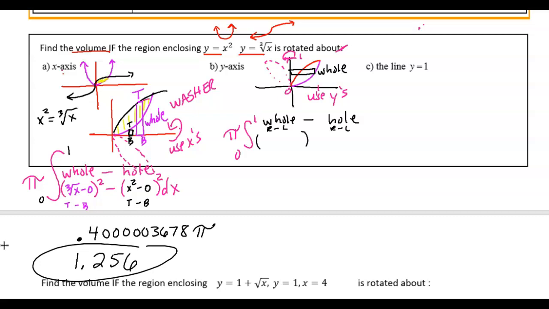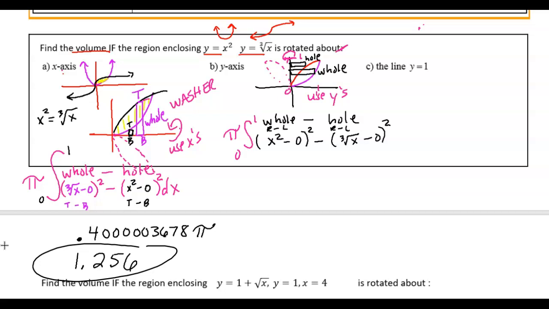So my right is the purple, so the purple is the squared, minus the left is 0, and then minus the whole is what's missing. So the right is the cubic minus the left squared. Oops.